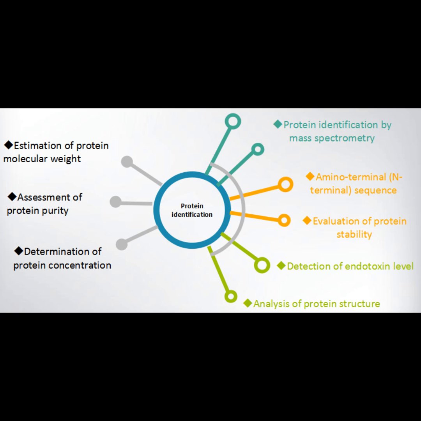Through this technique we can detect low abundance proteins, but there will be the issue of antibody specificity, because when we go through antibody assays, we have the specificity issue.